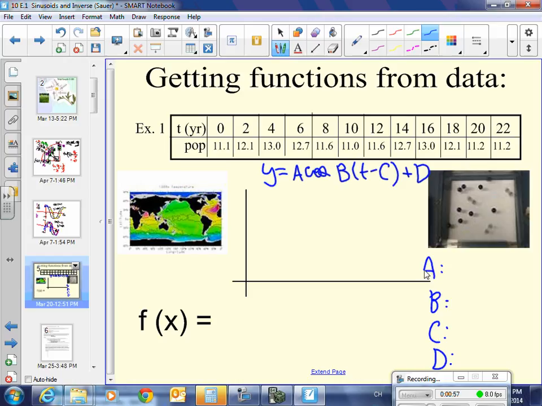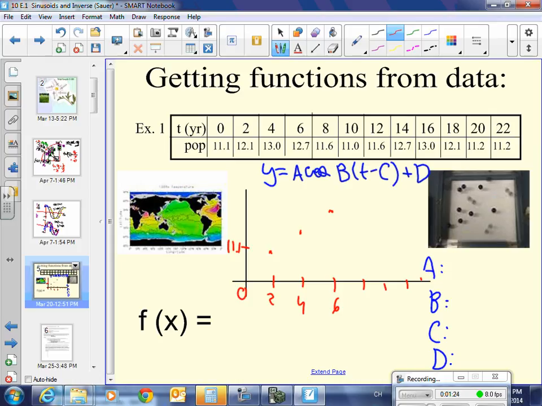So if I take this data here, you notice 0, 2, 4, 6, and so on. As the time goes by, what happens to my population? Is it always the same? Well, it starts out at 11.1, and then it goes to 12.1, and then it goes to 13.